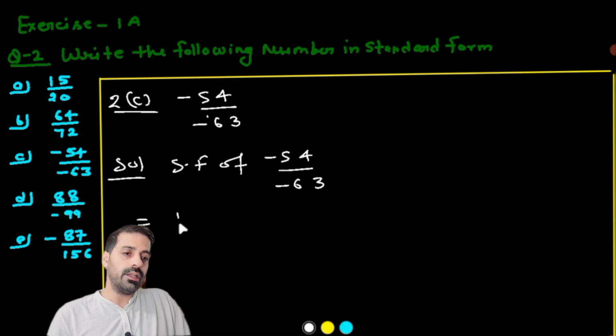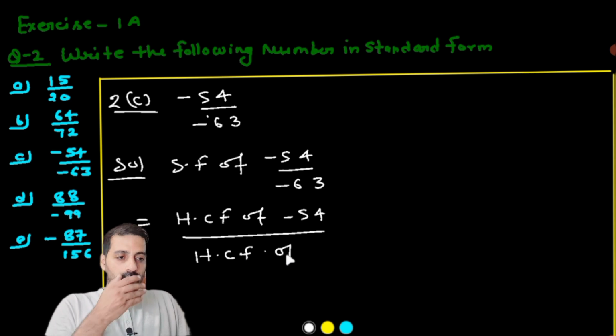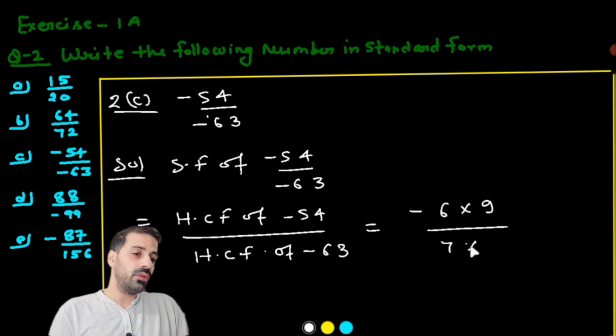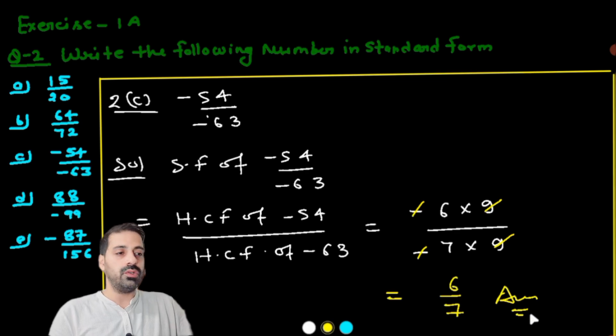Again I'll take the factors of negative 54 and the factors of 63. So we can write negative 6 into 9, and I can write here 7 into 9. So here 9 is the common factor, and negative is the common factor, and finally we have 6 upon 7, and this is the answer of this question.